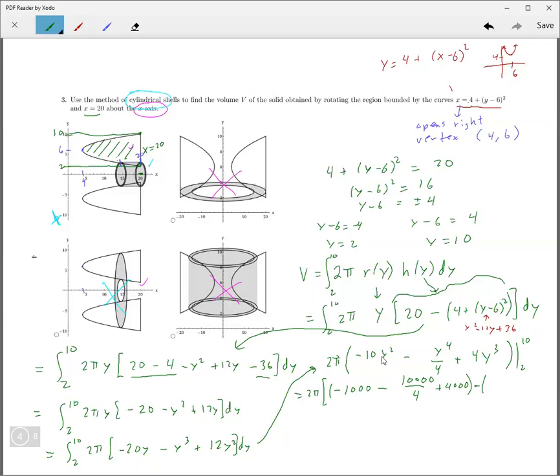Now plugging a 2 in, we get negative 10 times 4, that's negative 40. Plugging a 2 into here, you get 16 over 4, which is 4. And plugging a 2 into here, you get 8 times 4, which is 32. Very frustrating. Okay, so I calculated all this out with the calculator and got 1,024 pi.